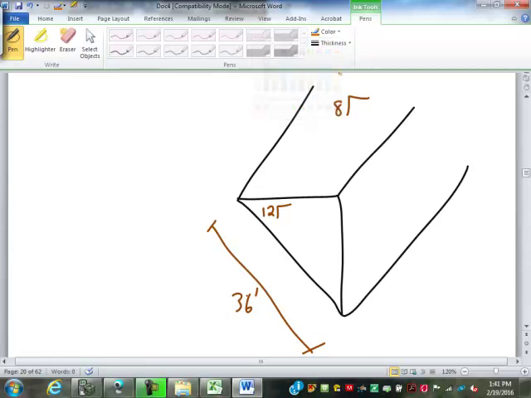I want to find J, the length of the common rafter. I want you to find R, the length of the corner of the hip rafter. Z, the length of the longest jack.